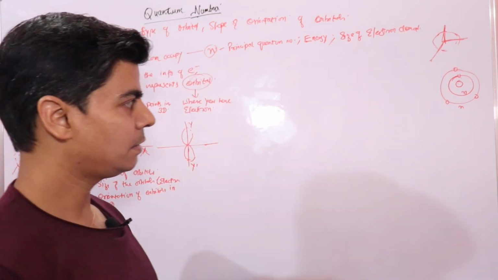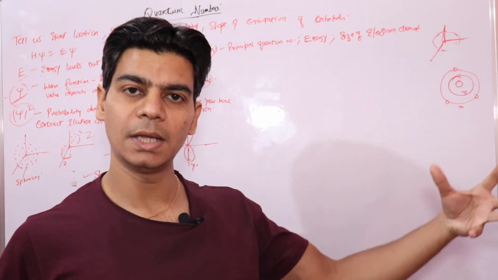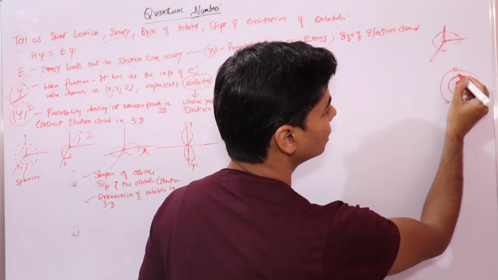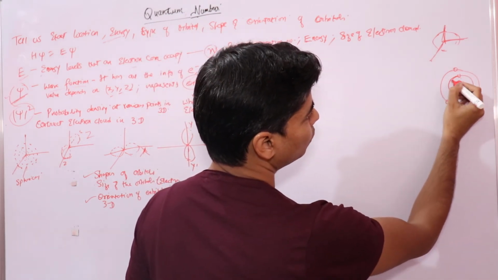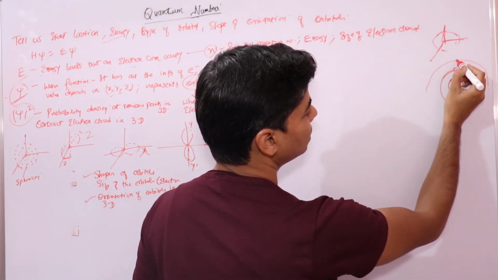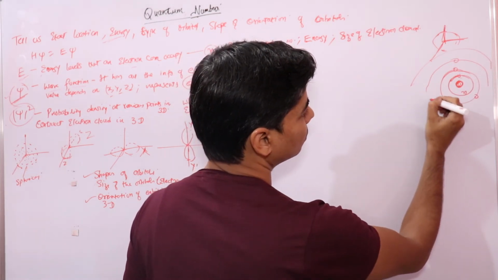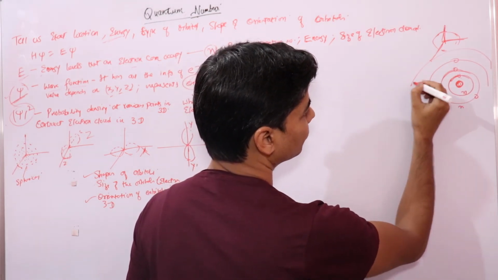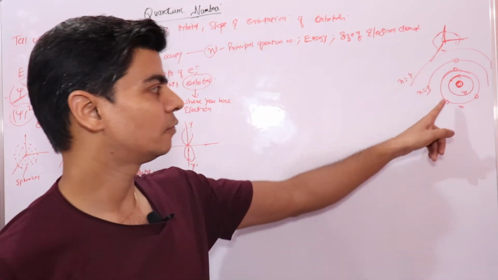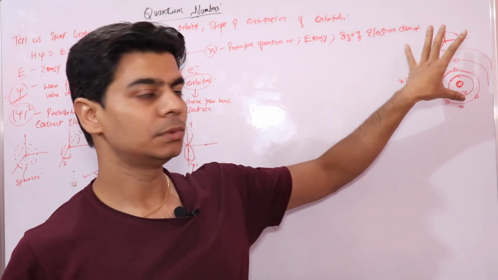The more the value of N, the more the distance of the electron from the center of the nucleus. This is the nucleus, this is N equals 1, and this is N equals 2. Similarly, if you have a third shell, this is N equals 3, and this is N equals 4. So the more the value of N, the more the distance of the electron from the nucleus.